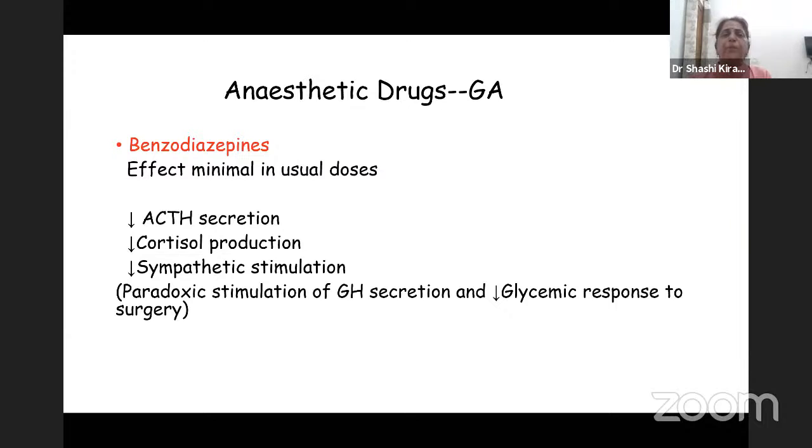I will be talking about the effect of anesthetic drugs. First I will talk about general anesthesia. Benzodiazepines, which are usually given for pre-medication, have minimal effect in usual doses on glycemic control. However, if they are used in large dosages, they can decrease ACTH secretion and cortisol production, and they decrease sympathetic stimulation.